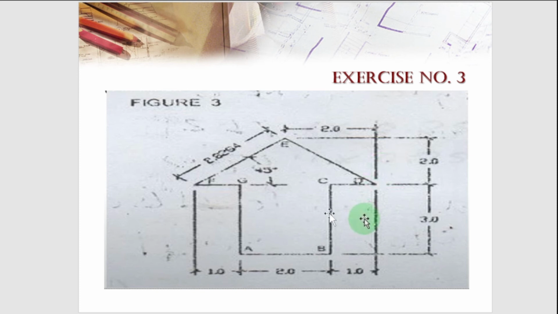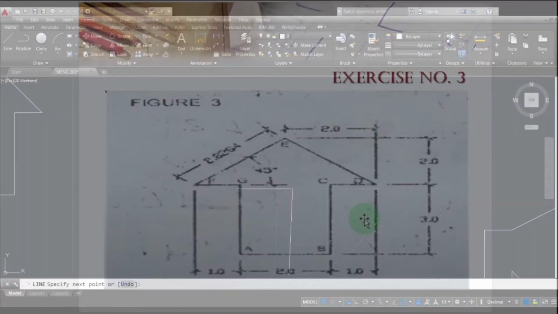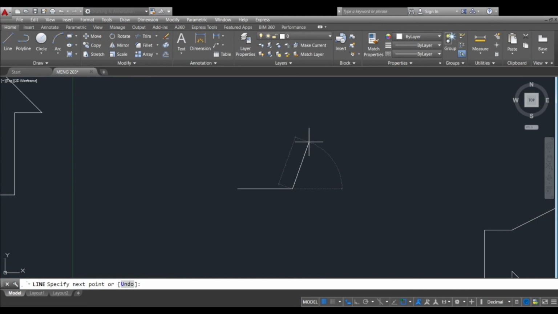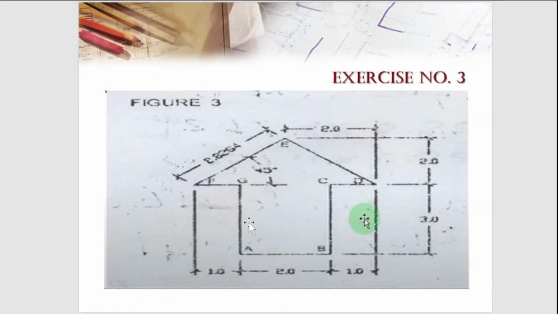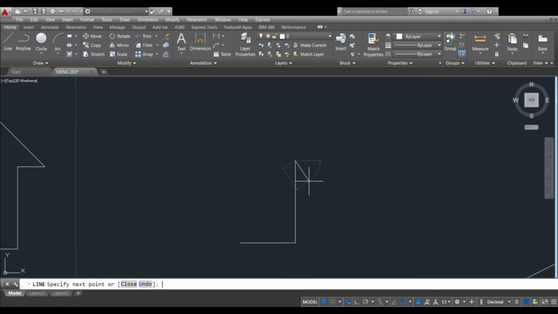So that is at 3 angle 90. Okay, going back to the figure. C to D, we have 1 unit to the right. So our angle is 0. So at 1 angle 0.